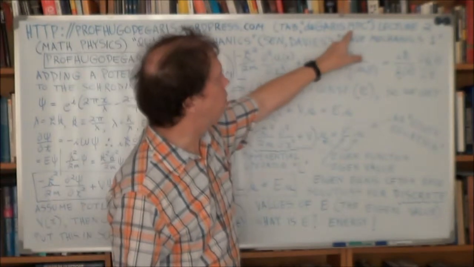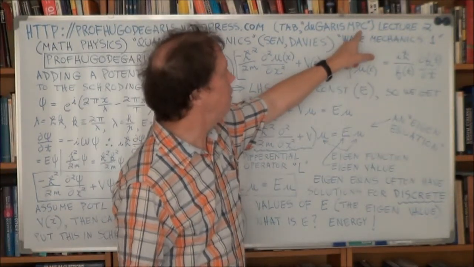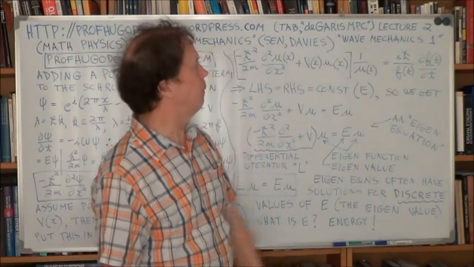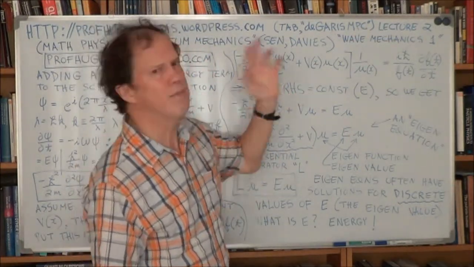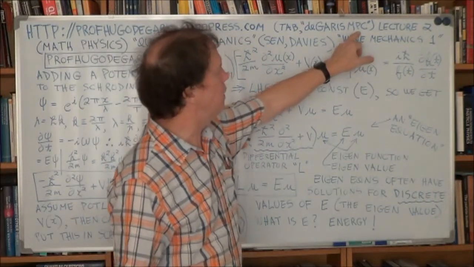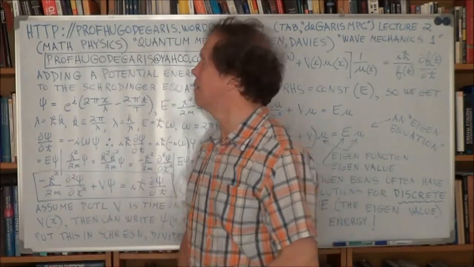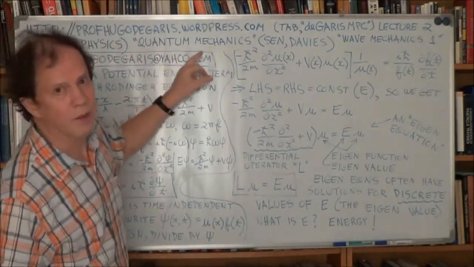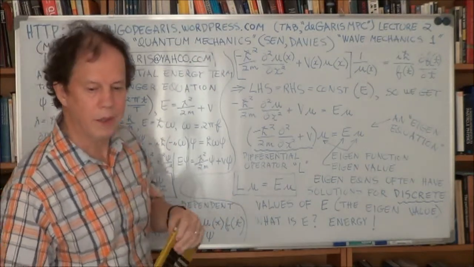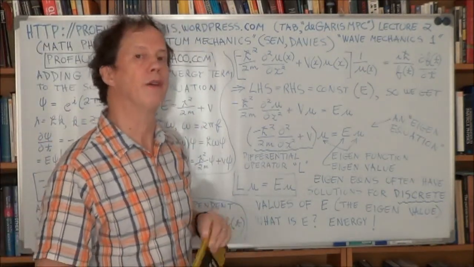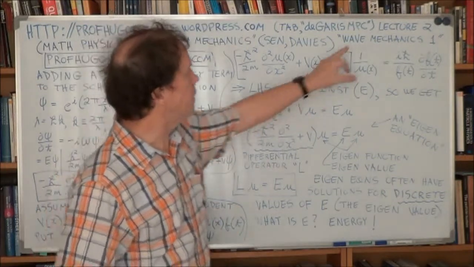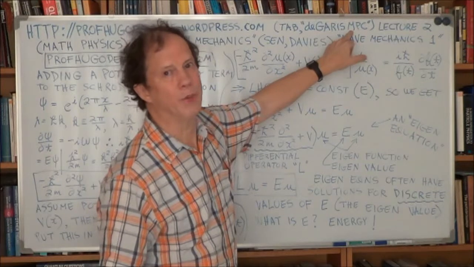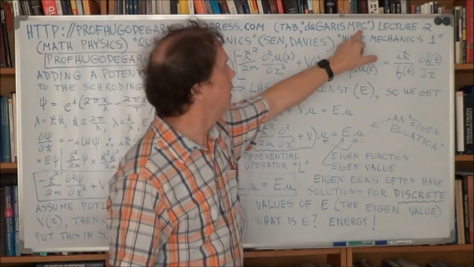So M for pure mathematics, P for math physics, and C for computer theory, because I give lectures on all three, but mostly pure mathematics and mathematical physics. This course here is the second one that I've recorded. The third one will be on computer theory, theory of computation, so that'll be the C. I've already given a math course on finite group theory at junior and senior level.